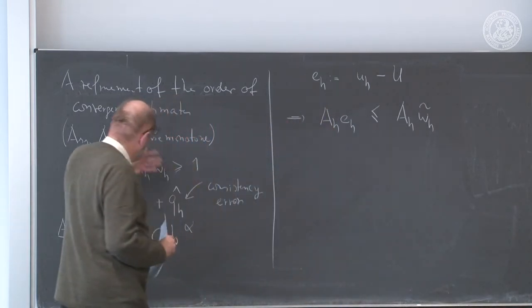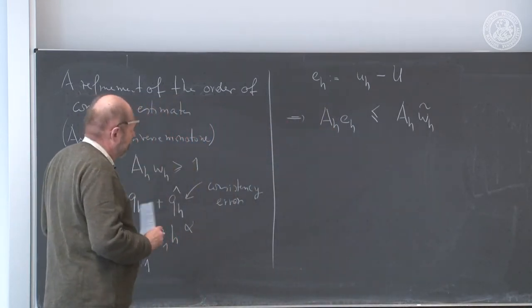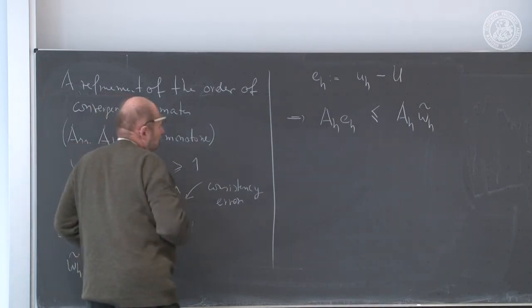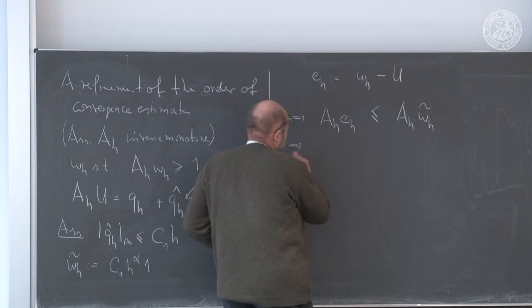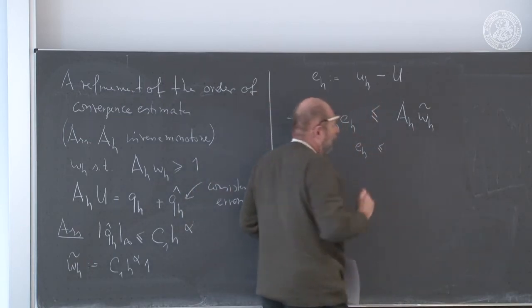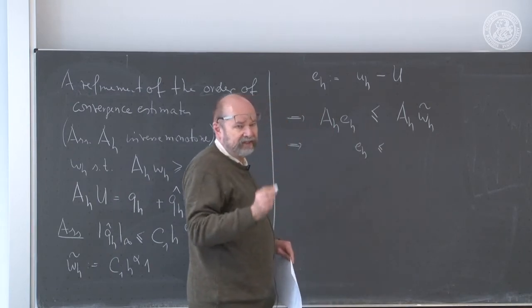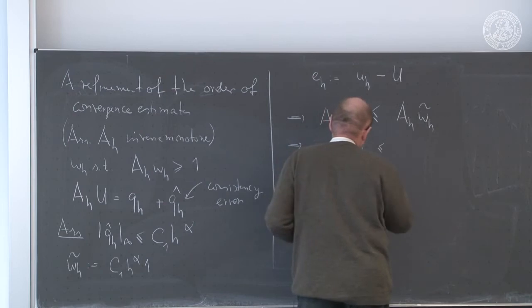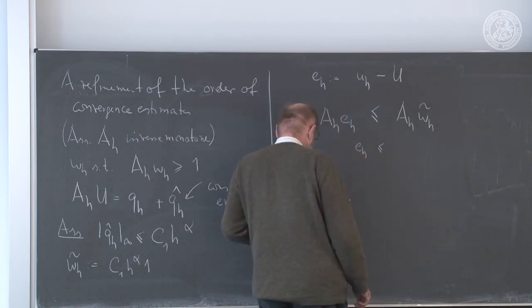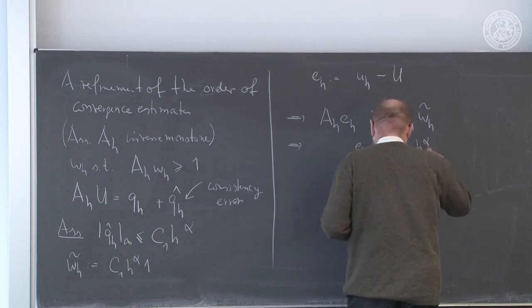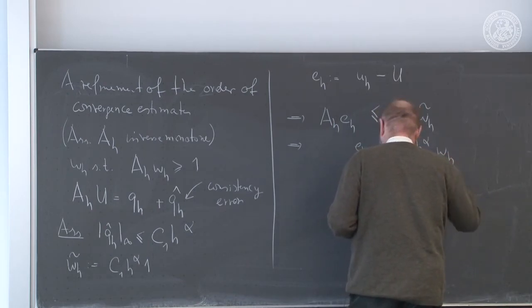Just put in all these inequalities, then you see this immediately. But by inverse monotonicity, this means that we have an estimate, which is now not a norm estimate, but a pointwise estimate at each grid point. A pointwise estimate says that the error grid function can be estimated by C_1 h^alpha times w_h.